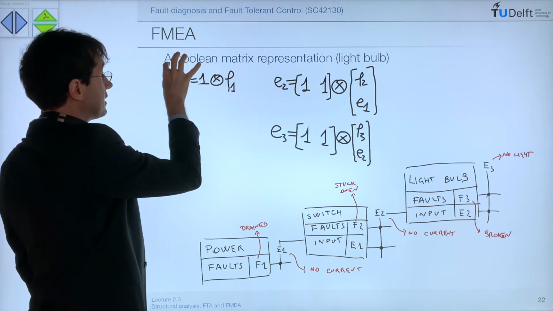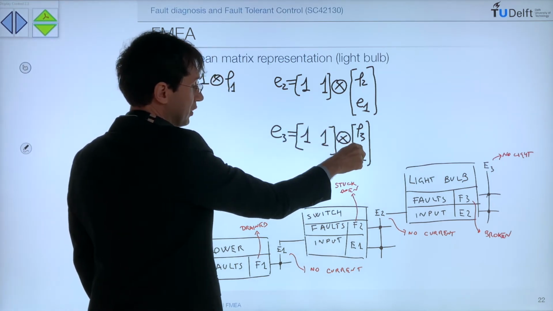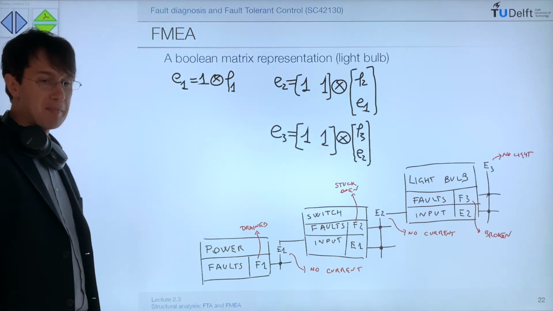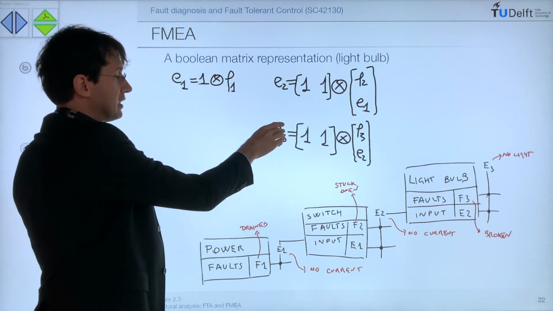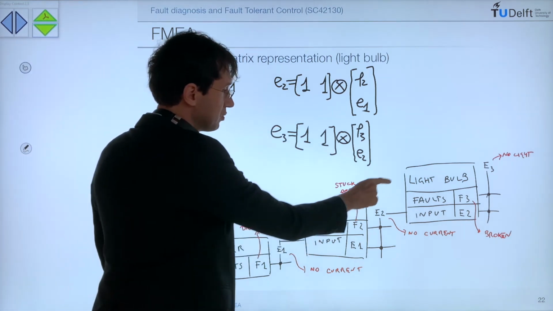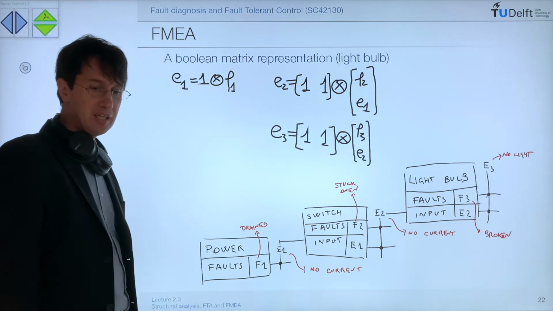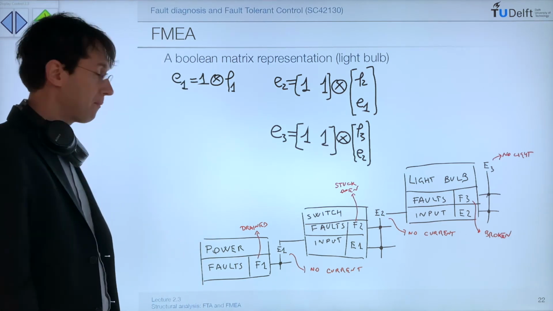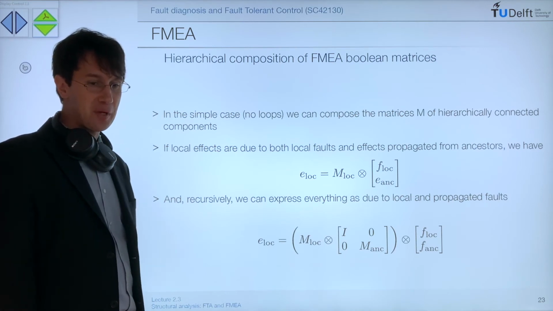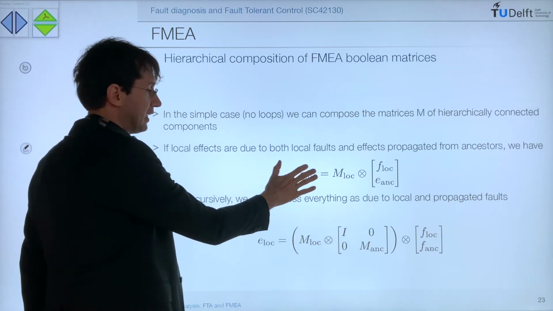But if we replace the E1 expression in what we got here, in the end, we need to have finally our mapping between the final effect E3 and the local faults F1, F2, and F3. And so this is what we're going to do now by looking at how to expand expressions like that.